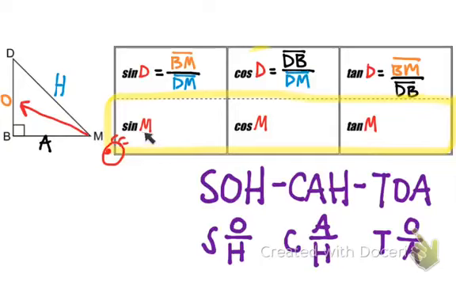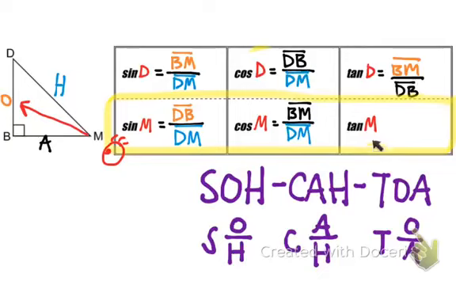So the sine of M is equal to the opposite over hypotenuse, so DB over DM. The cosine of M is the adjacent side over the hypotenuse. So from angle M, the adjacent side is BM, and that's over the hypotenuse, which is DM. And then finally, tangent of M. The tangent of M is equal to the opposite side over the adjacent side.